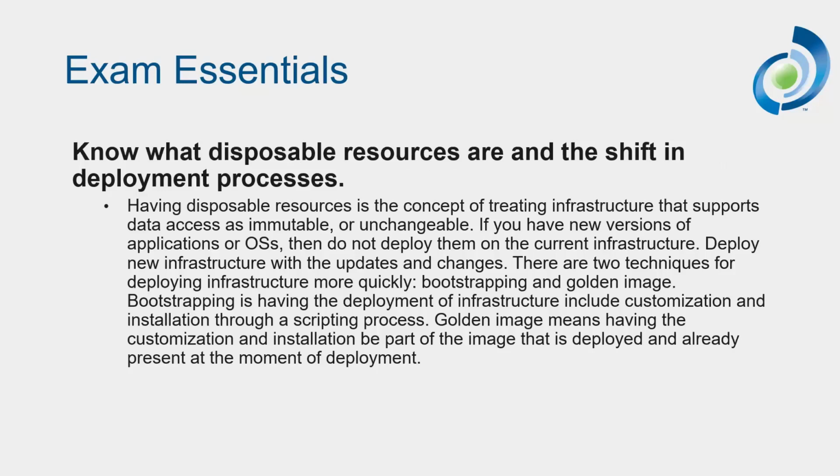Deploy new infrastructure with the updates and changes. There are two techniques for deploying infrastructure more quickly: bootstrapping and golden image. Bootstrapping is having the development of infrastructure include customization and installation through a scripting process. Golden image means having the customization and installation be part of the image that is deployed and already present at the moment of deployment.